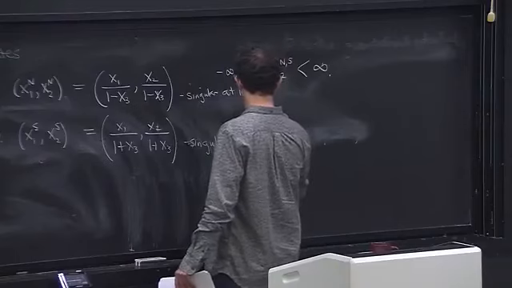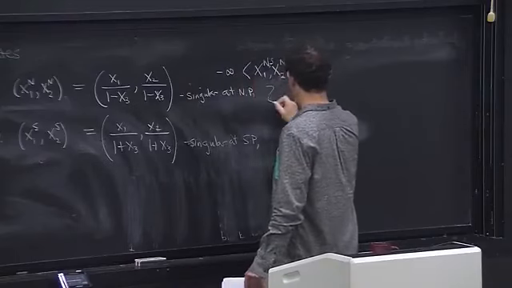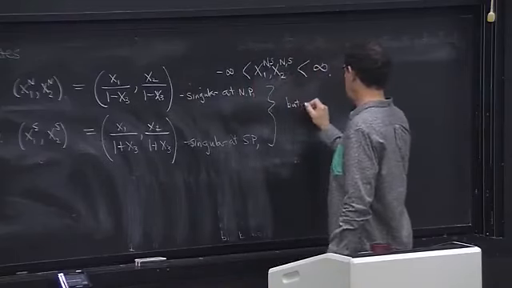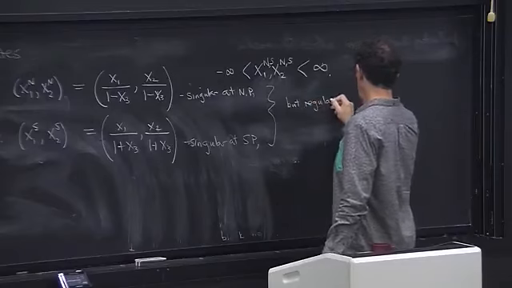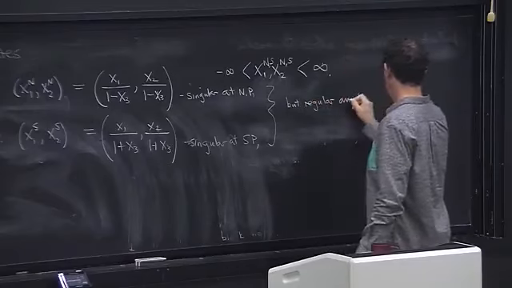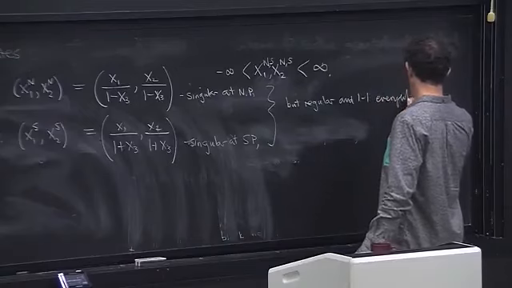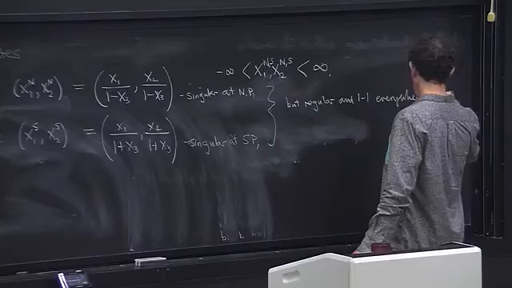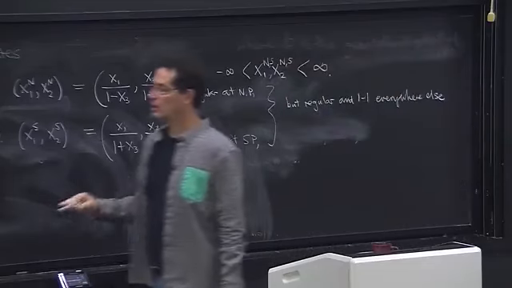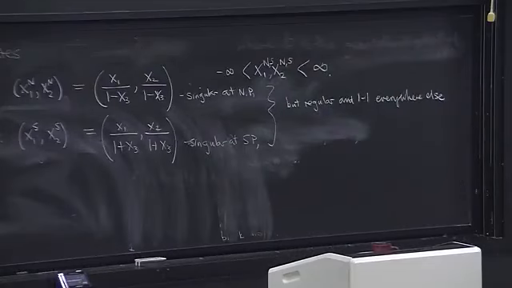But they are regular and one-to-one everywhere else. Apart from those two points, they're very good coordinate systems because every point on the sphere has a unique point on the plane.